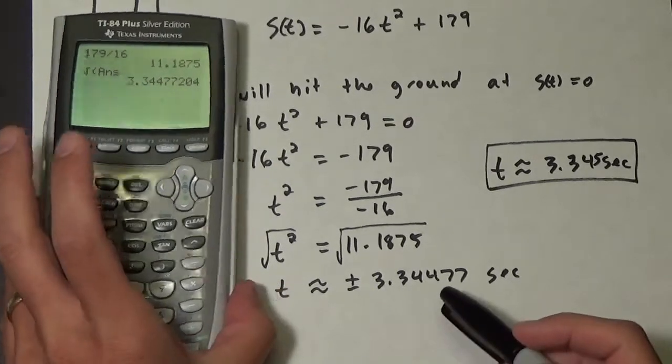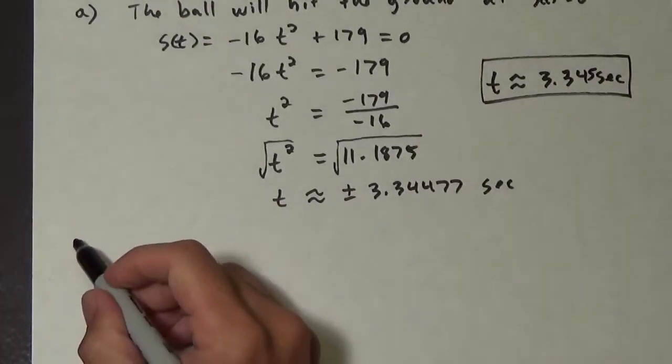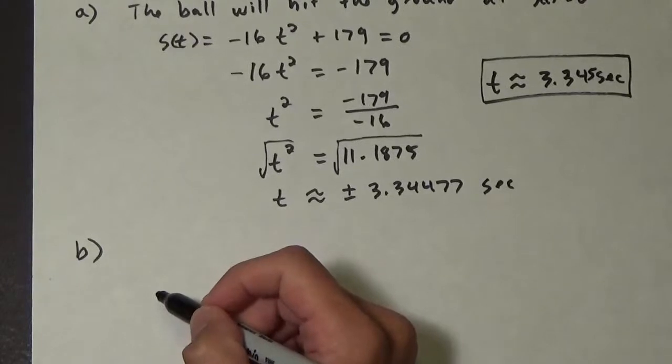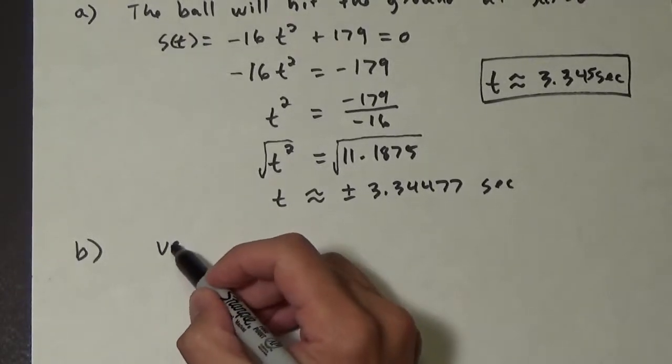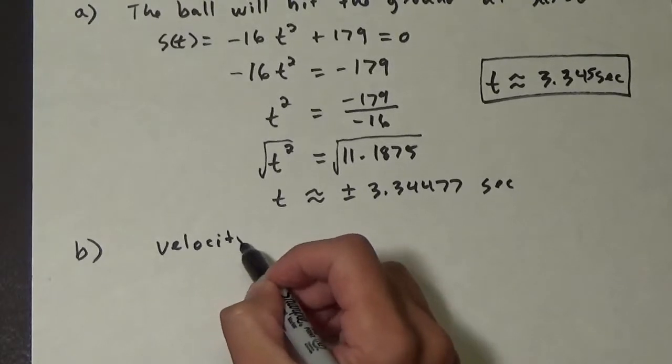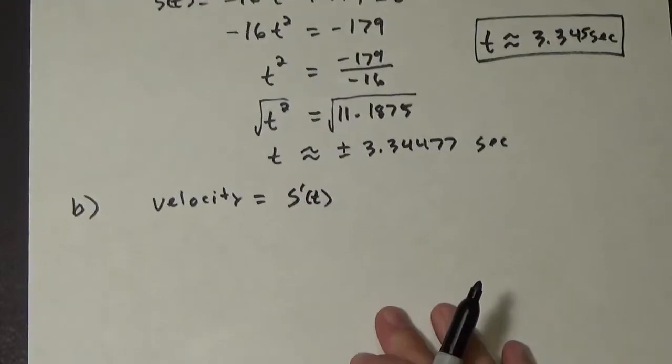So now what we want to do is part B. We want to know what is the velocity at impact. One thing to remember is that velocity equals the derivative of position.